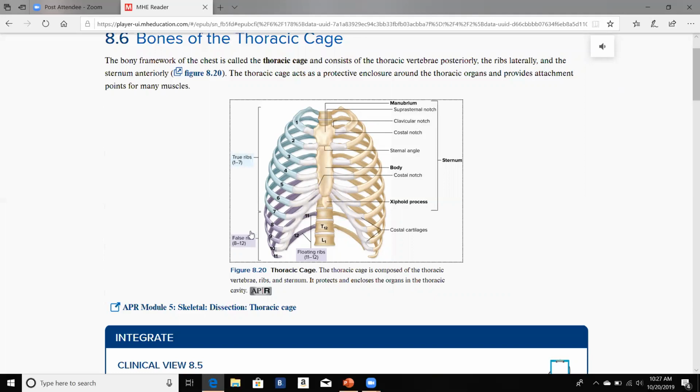That's why those are called false ribs. Now, 11 and 12 are your floating ribs. These are special false ribs. They're considered to be false ribs, but specifically they're floating ribs because they do not attach via any cartilage.